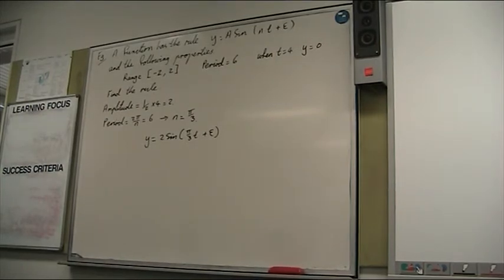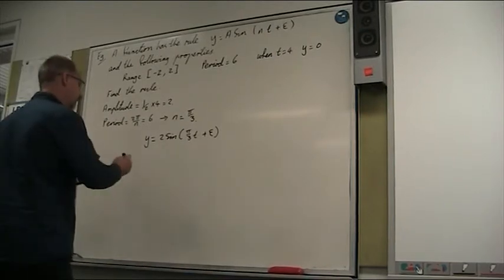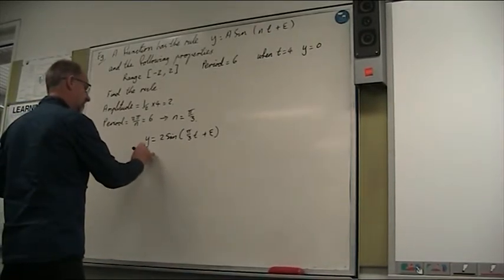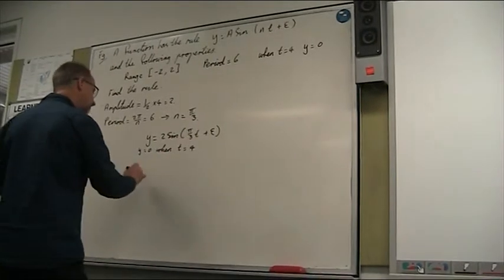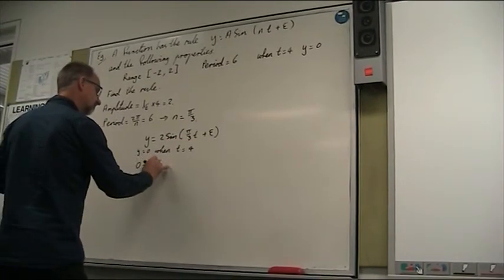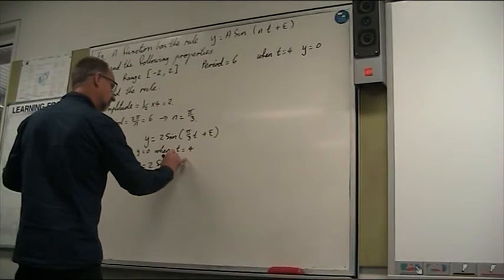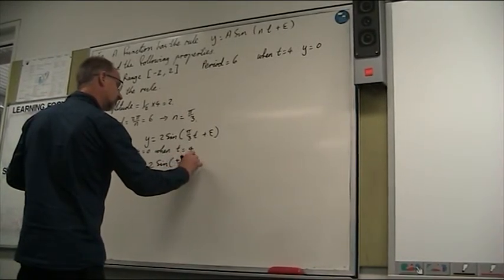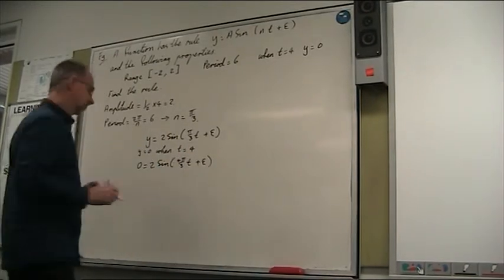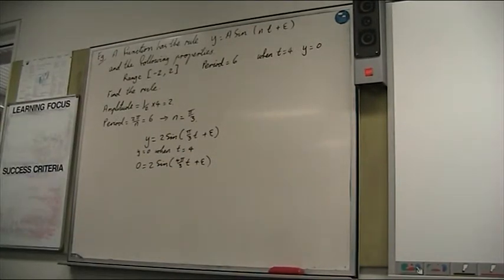We do have one other piece of information. The question is what we're going to do with that. Sub it in. Great idea. So when y equals 0, when t equals 4, sub it in and get that.